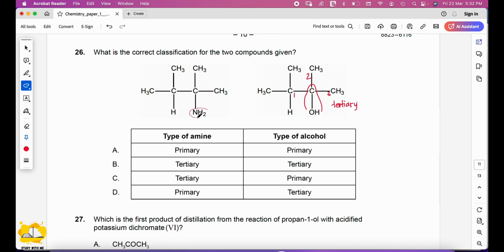And for amine, this is primary. It's not about how many carbons it is attached to, because NH2 is primary and then NHR is secondary and NR2 is tertiary. So the answer will be D.